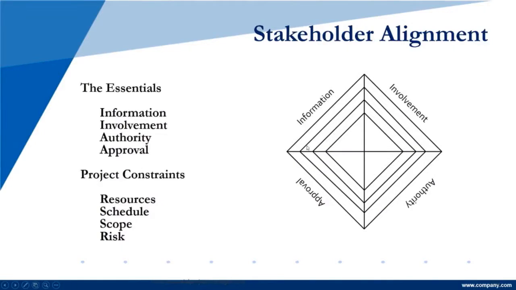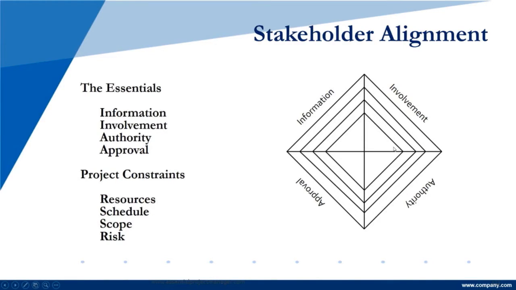And here's a way of aligning those stakeholders. One way is through this particular diagram, with how much information, involvement, authority, and approval a specific stakeholder has. I'm not populating this completely for you on this slide.